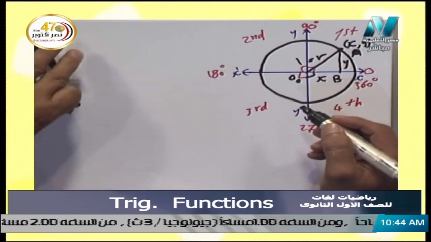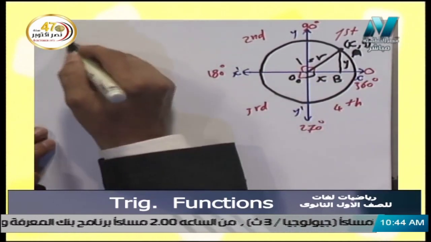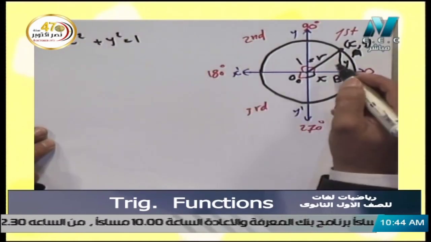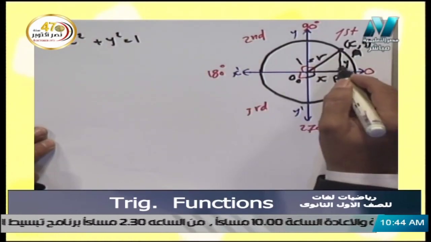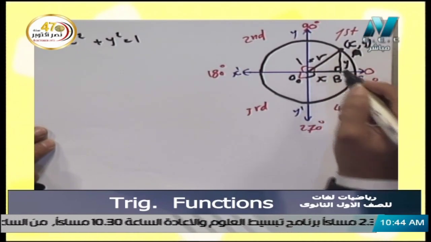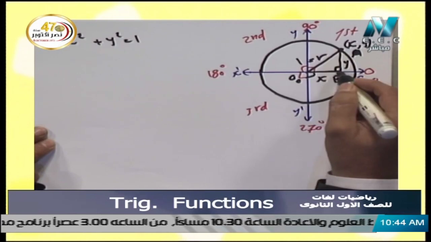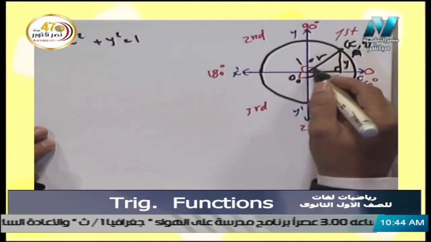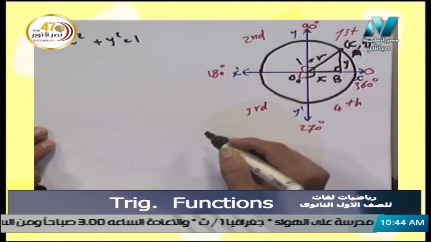So x squared plus y squared equals 1, from the Pythagorean theorem: this side squared plus this side squared equals the hypotenuse squared. The hypotenuse is 1, so 1 squared equals 1.